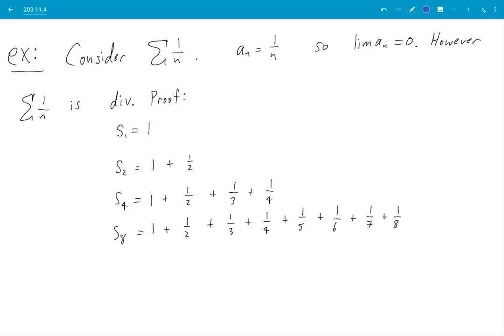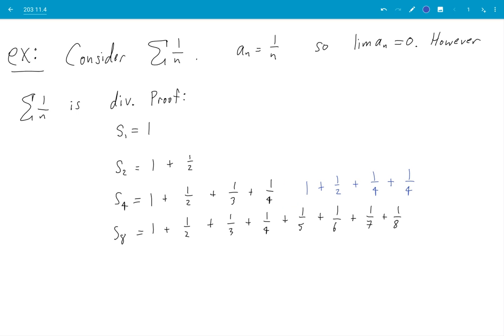What I'm going to do is look at some partial sums. Let's look at S4 and these two terms in particular. If I replace this third with a quarter, what happens? Well, I get something smaller. Oops, this is going in the wrong direction.